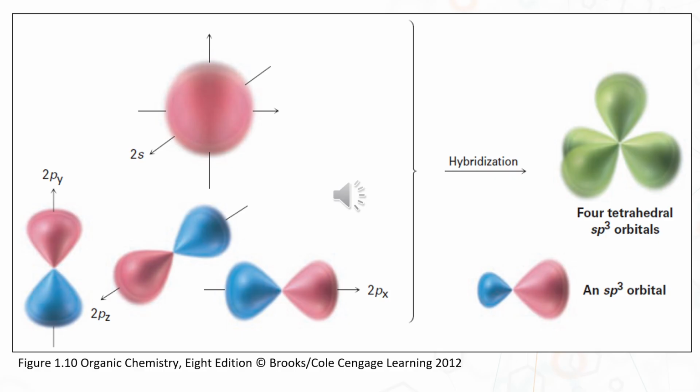Each sp3 orbital has one large lobe and one small lobe, making it effective for forming strong sigma bonds. In summary, the carbon forms four tetrahedrally arranged sp3 hybrid orbitals that explain the shape and bonds of molecules like methane, CH4.